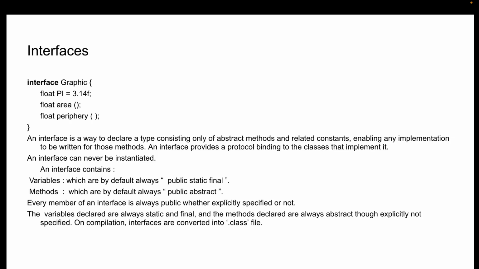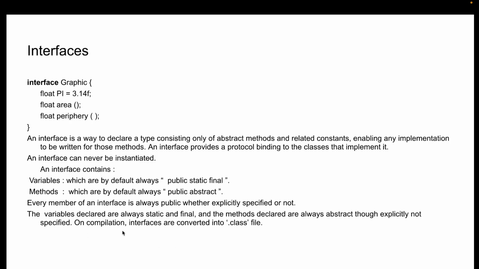So that is why these methods are by default public and abstract. So every member of an interface is always public, whether explicitly specified or not. The variables declared are always static and final, and the methods declared are always abstract, though explicitly not specified.